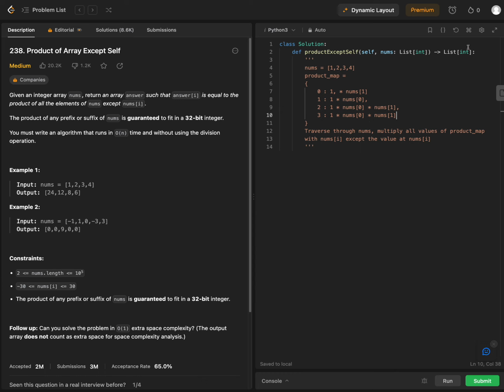However, let's examine the time complexity of this solution. So for looping through each value in nums, 1, 2, 3 and 4, we will need to essentially loop through all values in the hash map again. So when you loop through all values in the hash map, right, you will take n times.